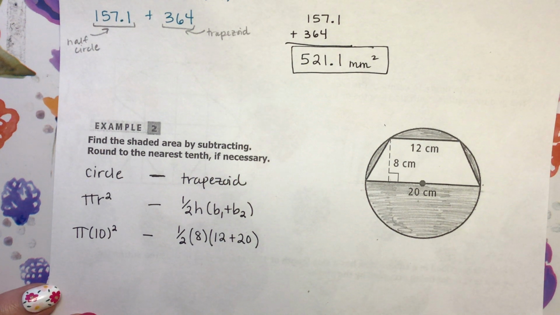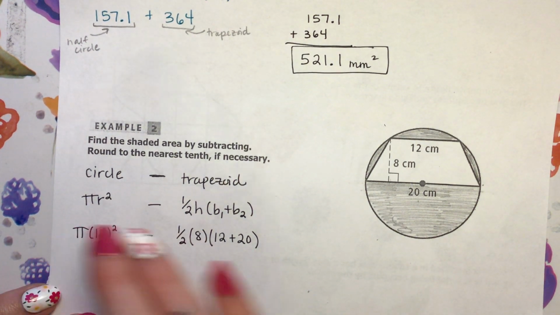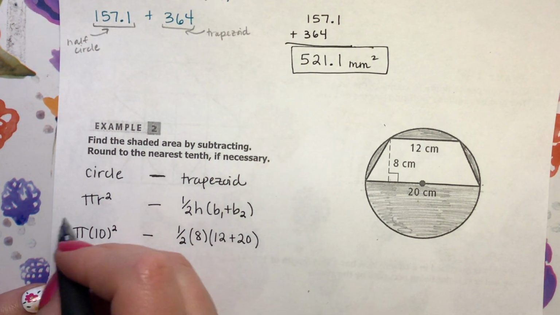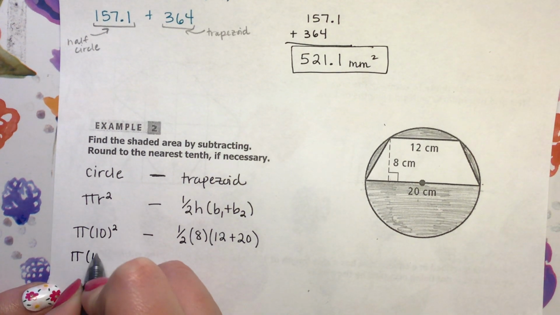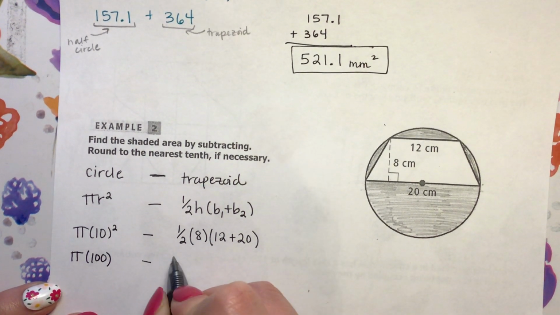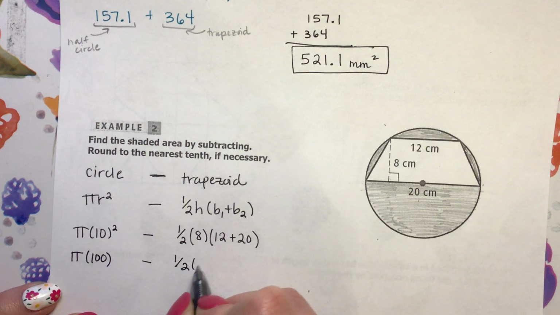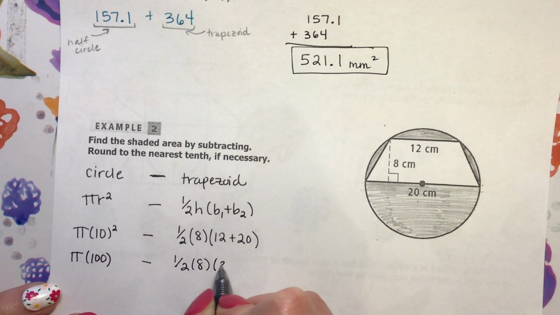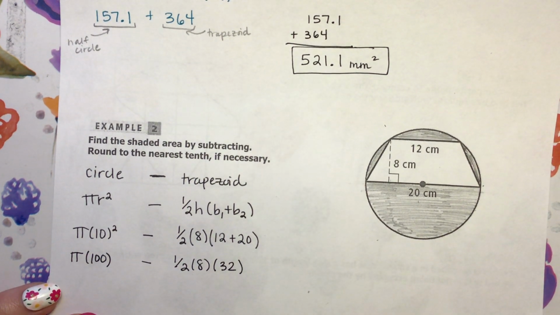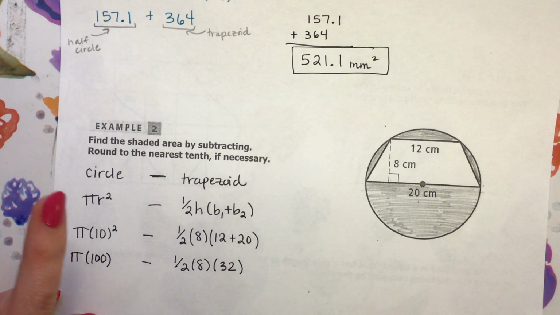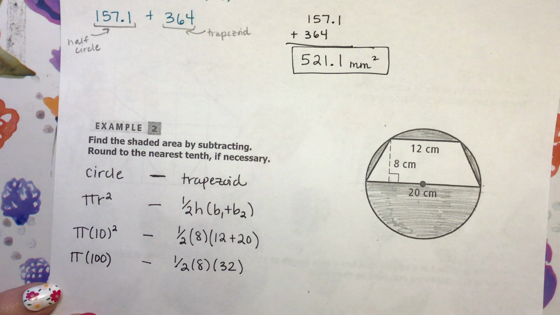Now it's time for me to start simplifying each of these individually using order of operations. So this becomes pi times 100 minus, and this is becoming 1/2 times 8 times 32. Pi times 100 is equal to about 314.2, roughly.